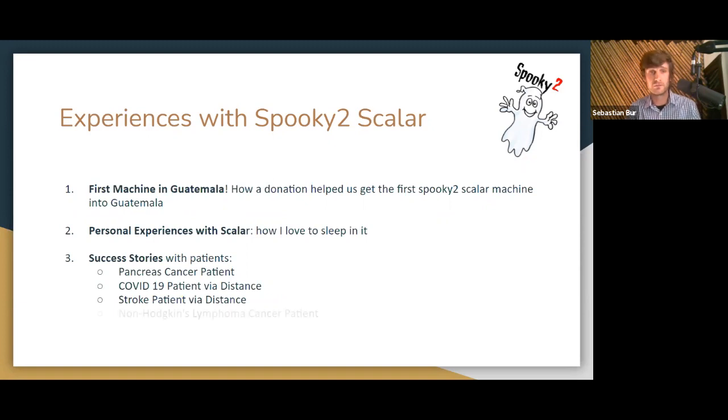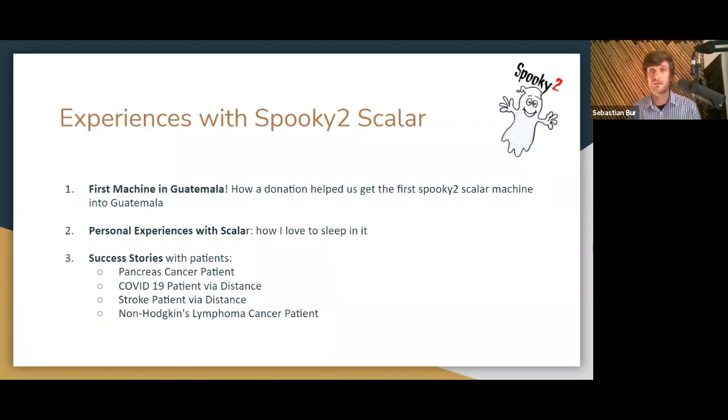He walks, everything good. Another friend of ours who lives here has non-Hodgkin's lymphoma, and he came to us while we were at the beach doing the clinics, and he would travel all the way from the city to the beach just to get a treatment with the machines. And he got so excited, so he bought the whole equipment himself.